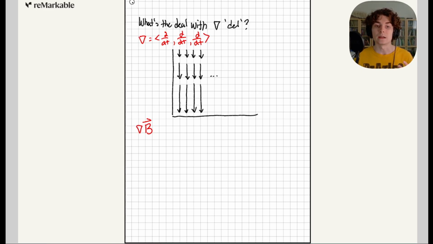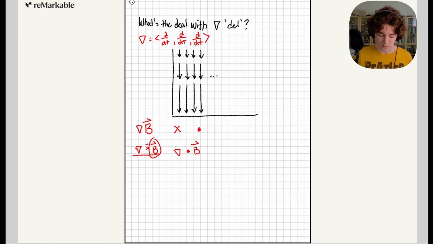And what makes it more interesting in our use case is when you combine it with the other operators, the cross product and the dot product. So del cross B and del dot B. I like to think of the cross product as the amount of vector 2 perpendicular to vector 1.